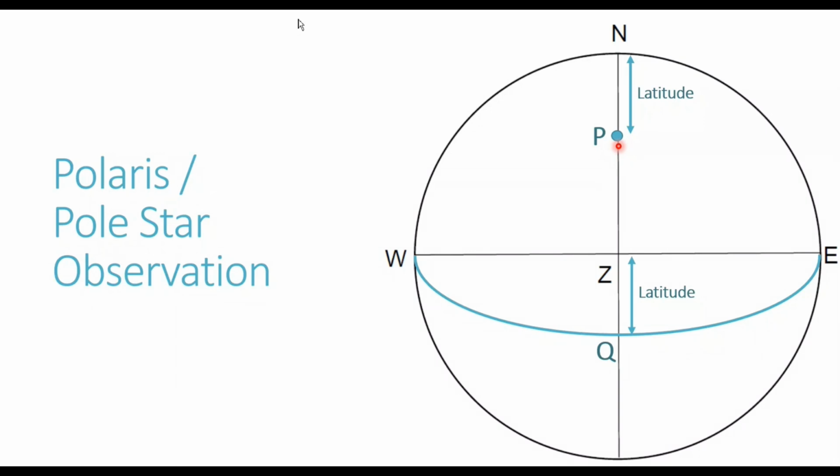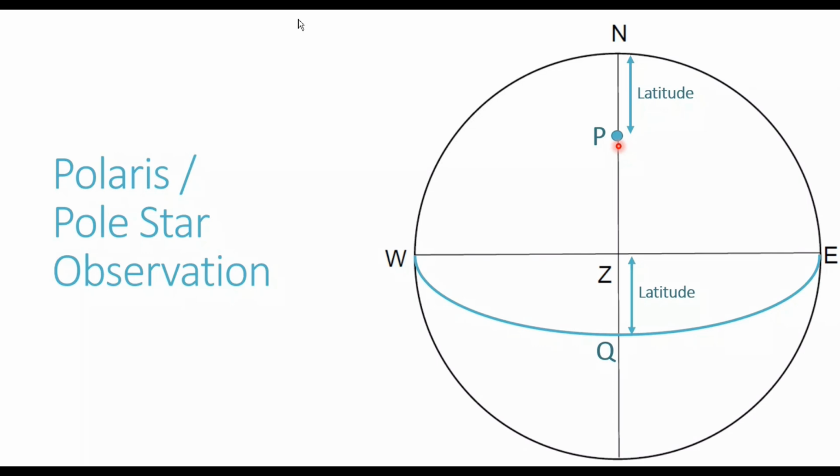Now this difference between the altitude of the pole star and the latitude of the observer is tabulated in a table in the nautical almanac. We can obtain that difference from there. We can apply that difference to the altitude of the pole star, and once applied, it gives us our latitude.